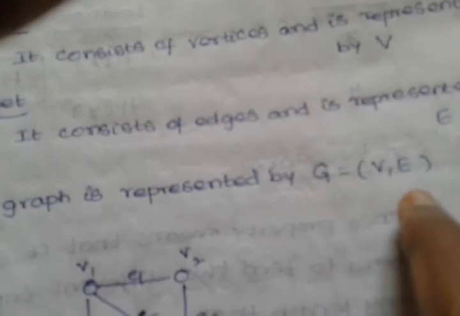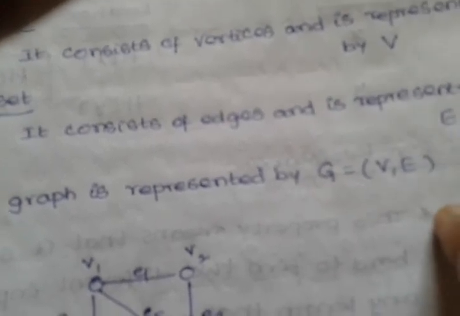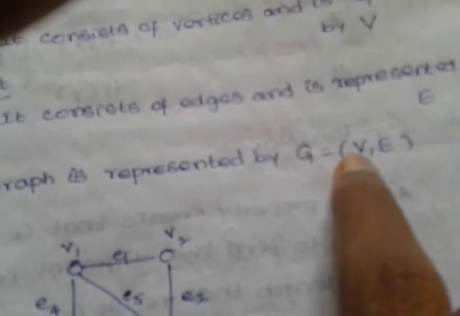A graph is a collection of two sets. What are those two sets? Vertex set and edge set. The vertex set consists of vertices and is represented by capital V. The edge set consists of edges and is represented by capital E. A graph is represented by capital G is equivalent to capital V comma capital E. Capital V is the set of vertices.